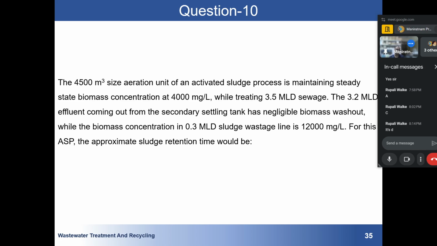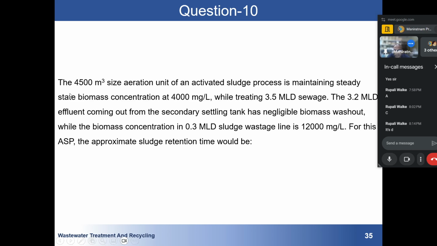Or I won't suggest mugging up the formulas, but you should either derive it on the spot, or use your basic concept of how every term is related to each other, and you can solve the problem.